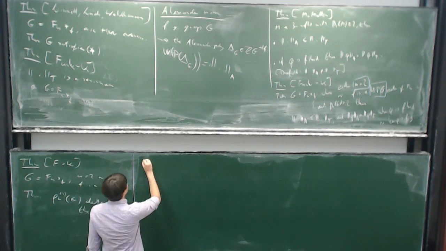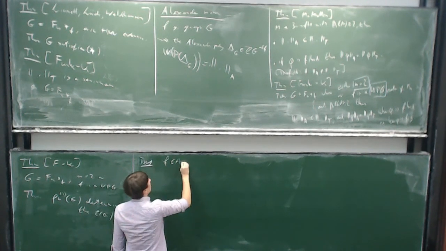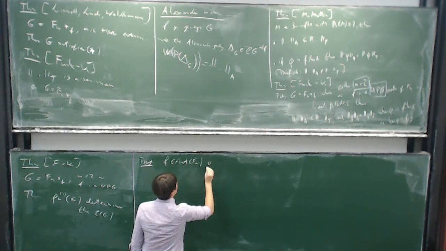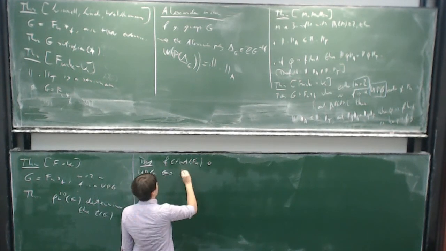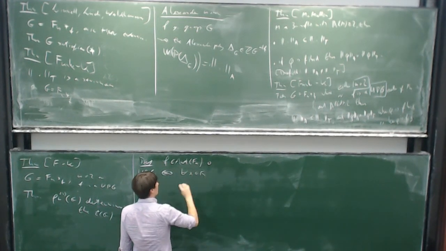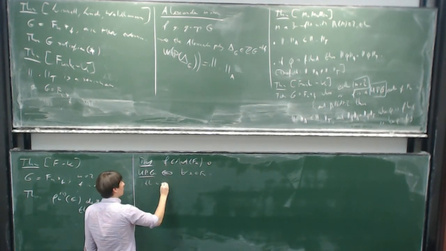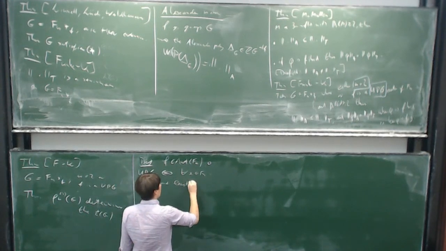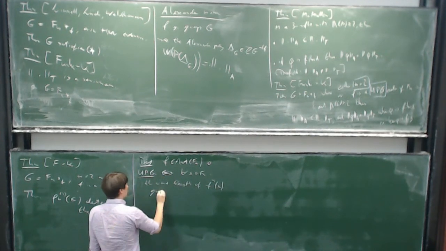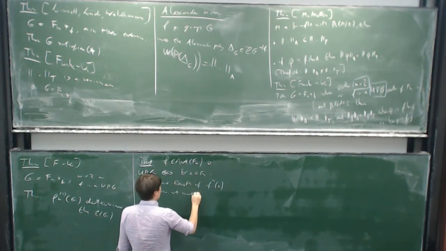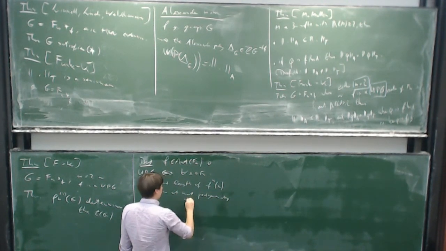So let's first define what UPG is. Definition. An automorphism f of a free group is UPG if and only if, for any element x in F_n, the word length of f^n(x) grows at most polynomially with n.